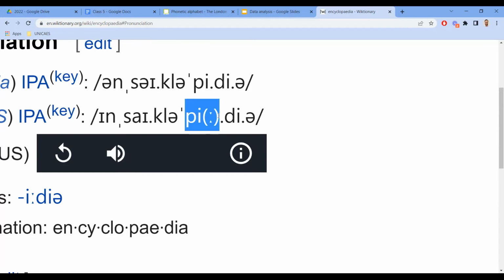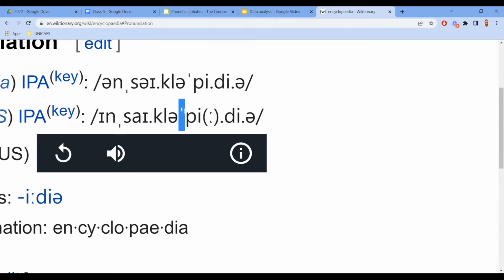So when you are pronouncing the word encyclopedia, this is where the main stress should be. And the second stress is in the second syllable. Over here, this symbol is telling us that we have a secondary stress.